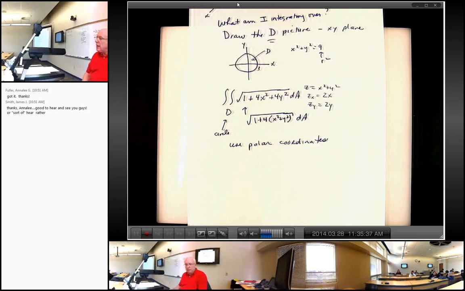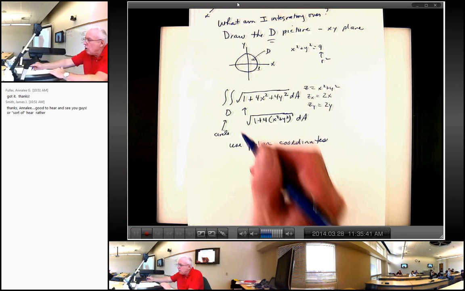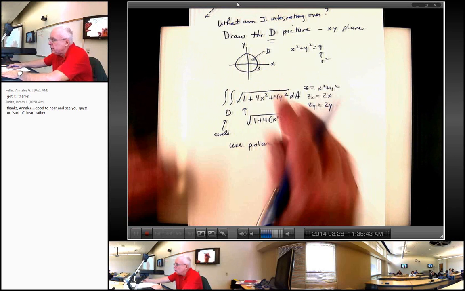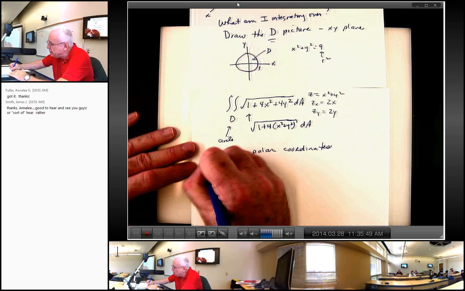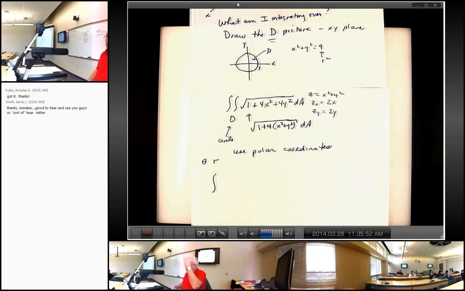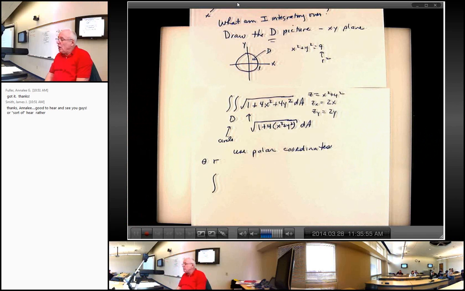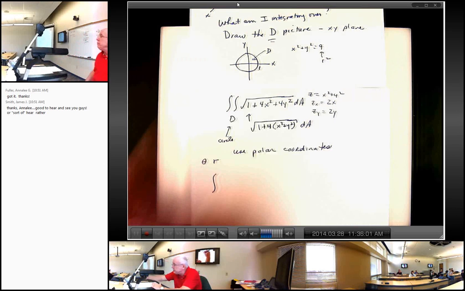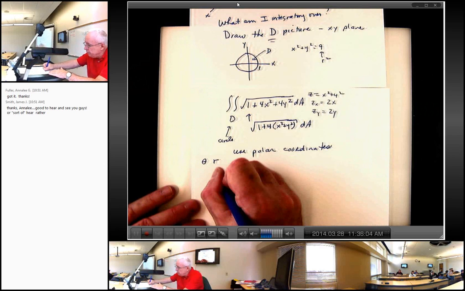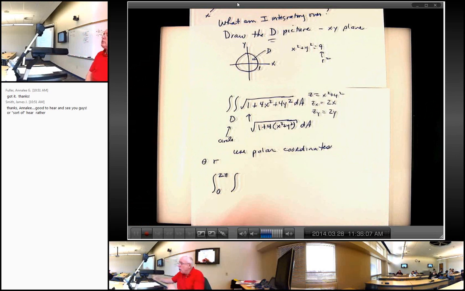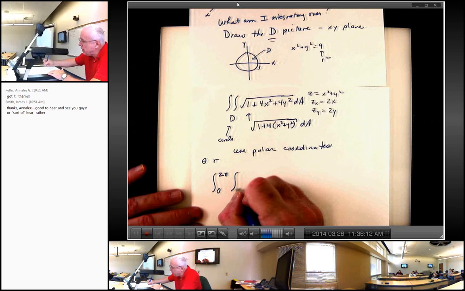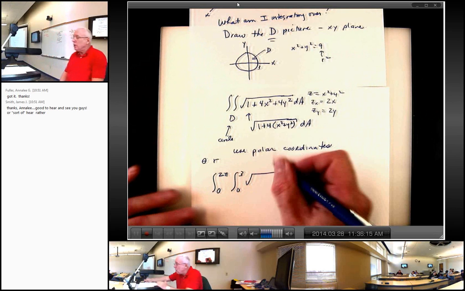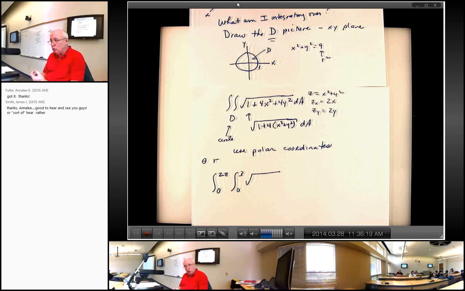All right. Now, let's figure out our double integral here over D. So remember, for polar coordinates, we have theta and we have r. Those are our two coordinates. Theta, what's that going to range from? In order to cover all of this D, 0 to 2 pi. Our r is going to range from what to what? 0 to 3. Okay. Now, I need to write my function in terms of polar coordinates.